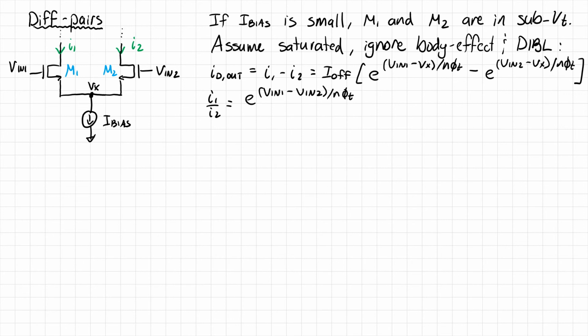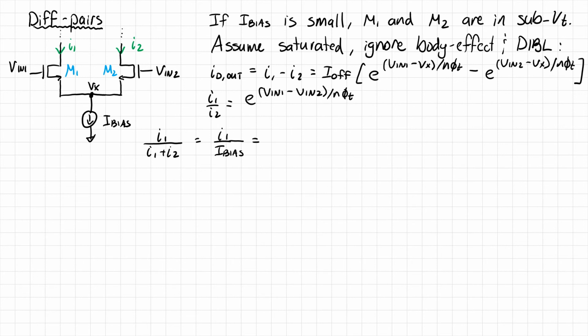So I'm going to do something a little strange, but hopefully it will make sense shortly why I'm doing this. I'm going to take the ratio of I1 over I1 plus I2, which is nothing more than I1 over I bias, right? Because I1 plus I2 must equal I bias. And I'm going to substitute for I1 and I2 here, specifically according to the relation that I just put on the line above.